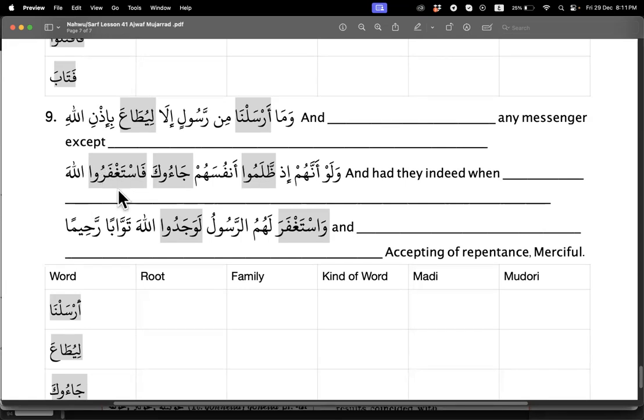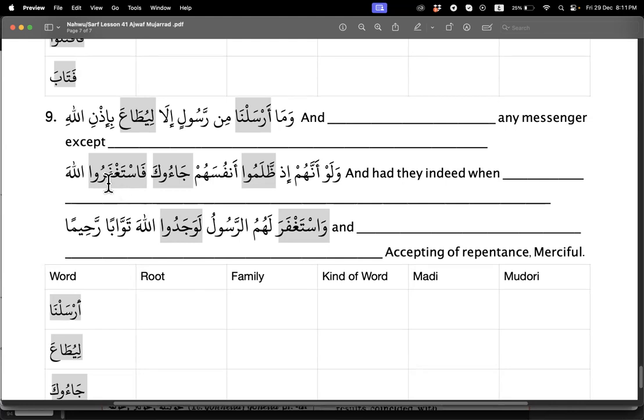Fastaghfaru. So this one is plural madi, and the root letters? The pronoun is hum. Yes. And then this one, ghafara is the root letter. What family? Istaghfara, yastaghfiru.